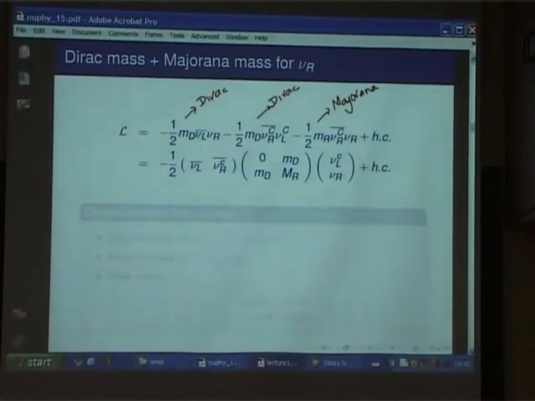The reason why I separated this Dirac term into two parts is the following. This I can write in this form. You can check quickly for yourself that indeed the multiplication of these three matrices is equal to these three terms.